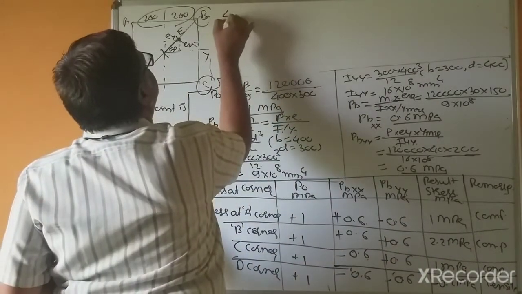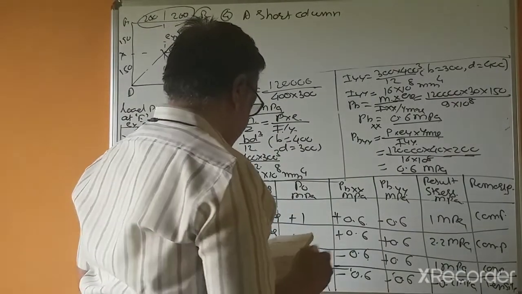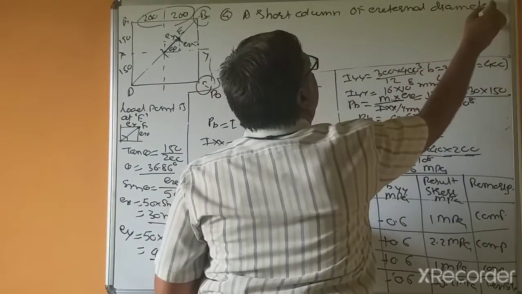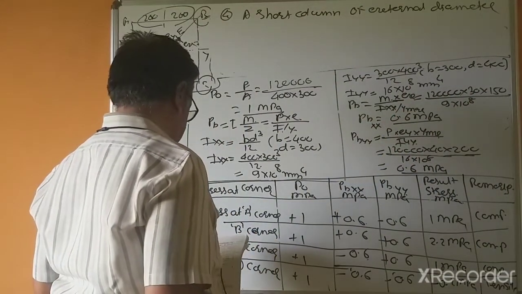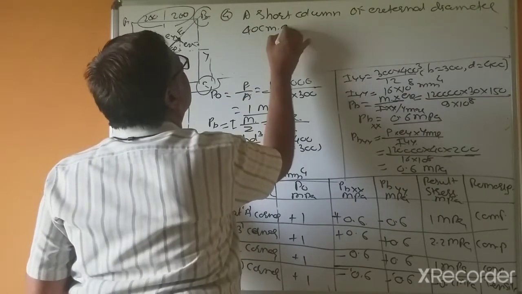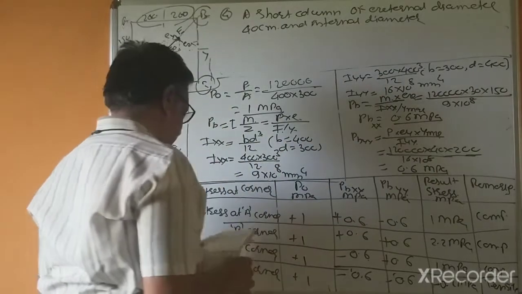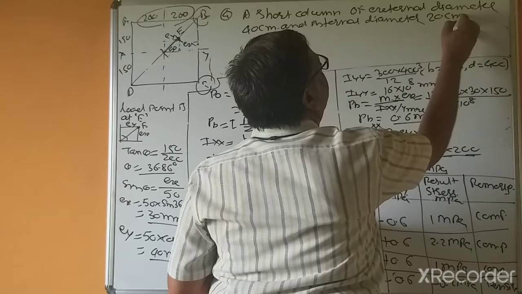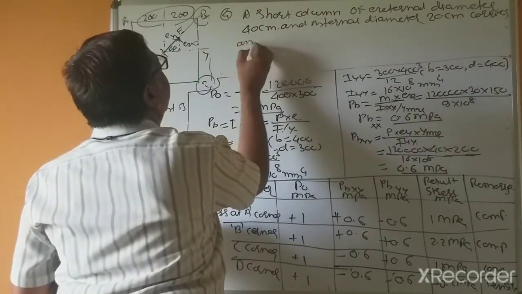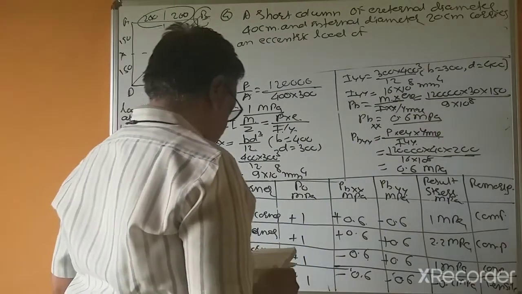A short column of external diameter 40 centimeter and internal diameter 20 centimeter carries an eccentric load of 80 kilonewton.